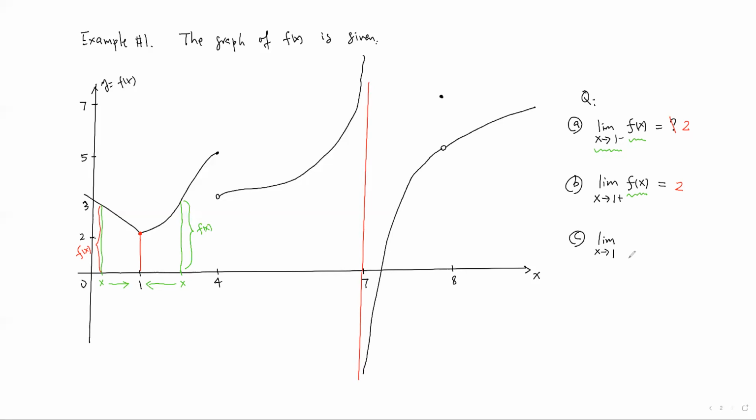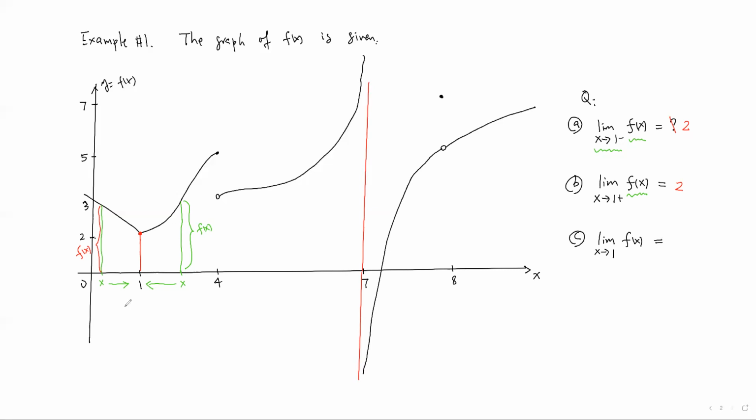We call this limit a both-sided limit. Then as x approaches 1, either from the left or from the right, what number will the function approach?